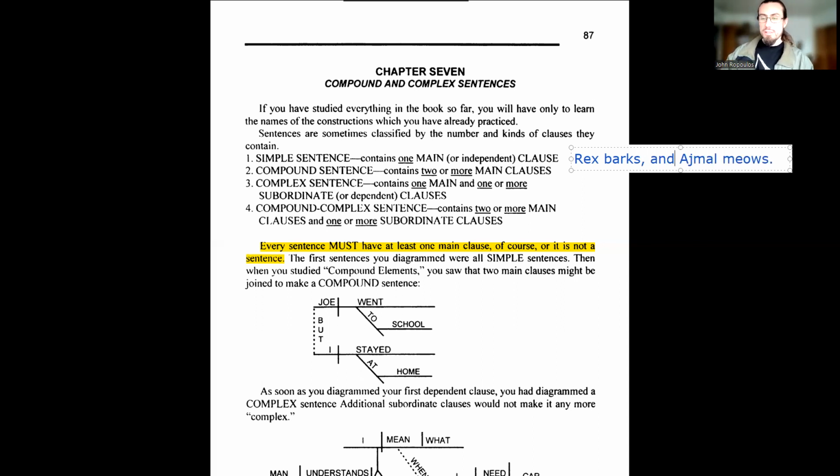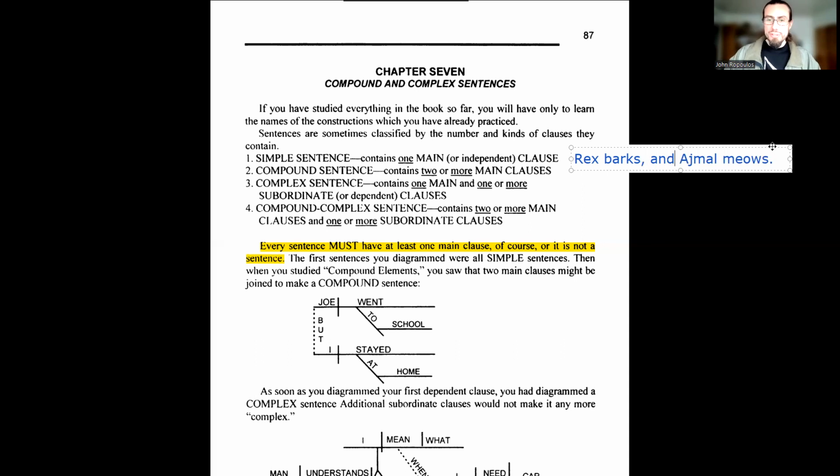Rex barks, comma, and Edgemel meows. Rex barks, comma, but Edgemel meows, and so on and so forth. This comma and this coordinating conjunction are necessary. If you were to take out the comma, you would have a problem as well.